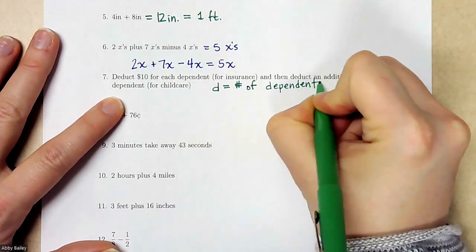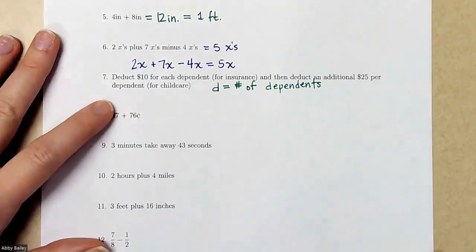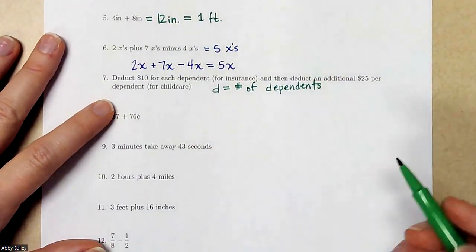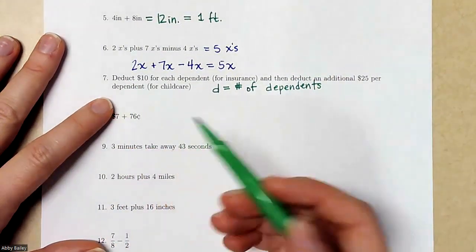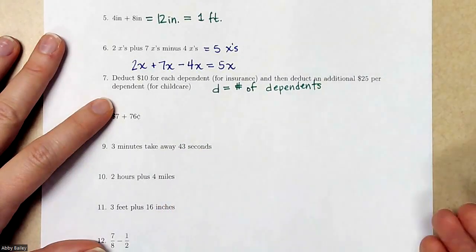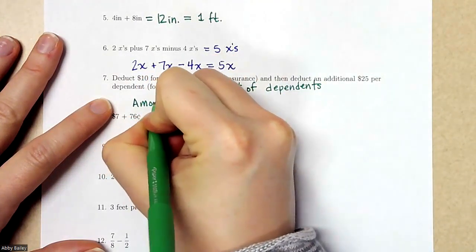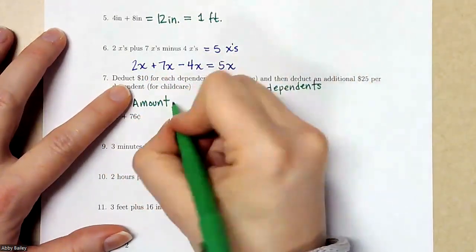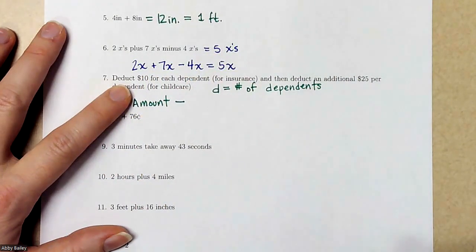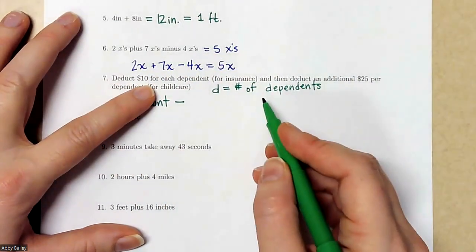As a matter of fact, I might have been doing taxes when I was typing this. So deduct $10. It doesn't say from what. So it's some previous amount. So I'm actually going to write that amount. Deduct means take away, amount minus, okay, 10 for each.